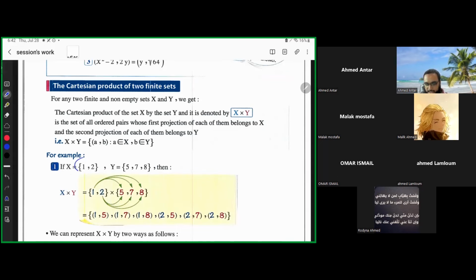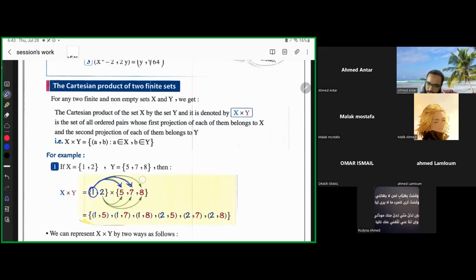as X Cartesian Y, it's called like that. X times Y, we can call that X Cartesian Y. Both are correct, okay? This is the Cartesian product. So we will go by the 1 and multiply the 1 with the 3 elements in the other set.